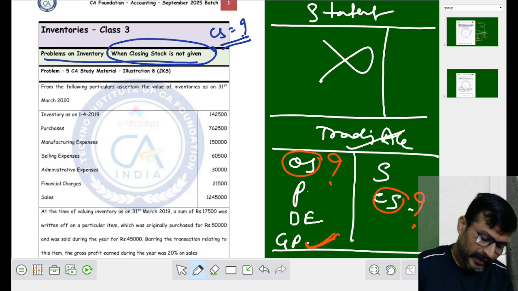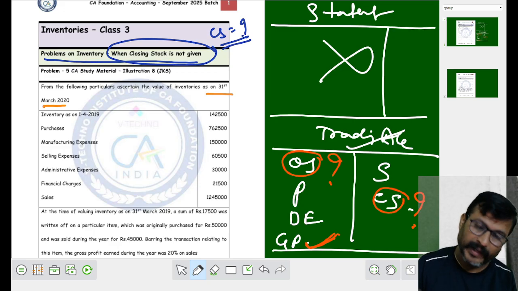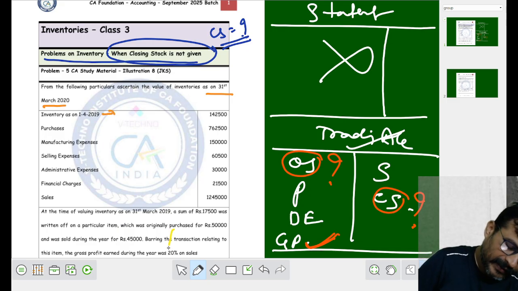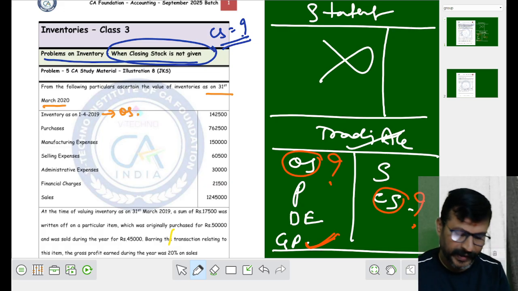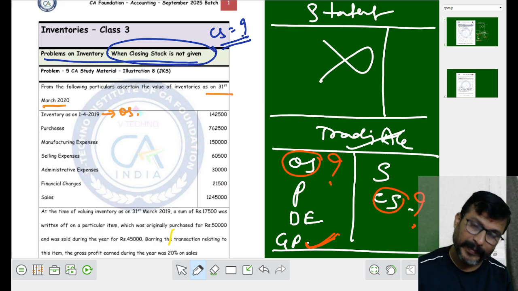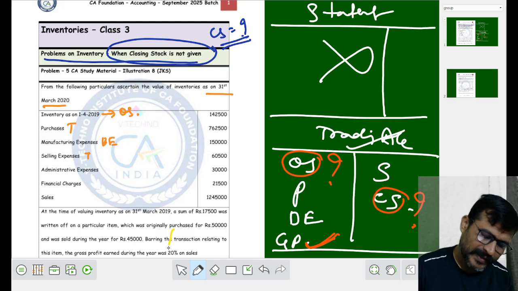Inventory on April 18 is given, 19 is given. This, my dear student, is opening stock. There is purchases, which comes in the trading account. Manufacturing is a direct expense, right? Selling expenses is an indirect expense.